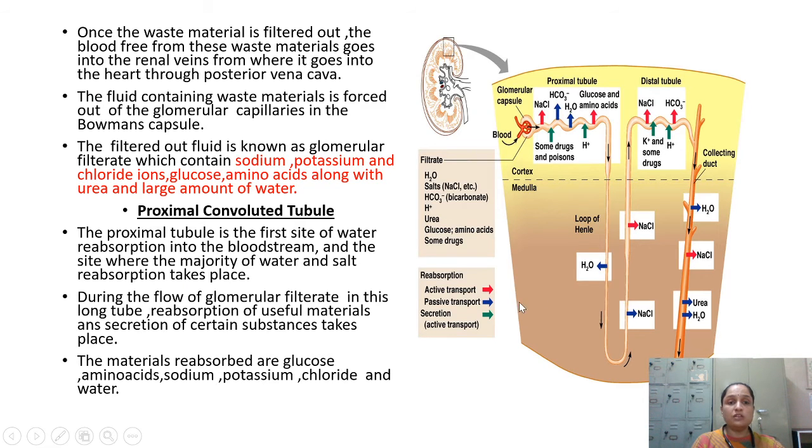Once the waste material is filtered out, the blood free from this waste material goes into the renal vein. ठीक है, यहाँ पे मैं आपको फिर से बता दूं, when we talk about the renal artery and renal vein, the renal artery contains the blood which needs to be purified, मतलब जिसको प्योर करना है, जिसे क्लीन करना है, means it has the urea.